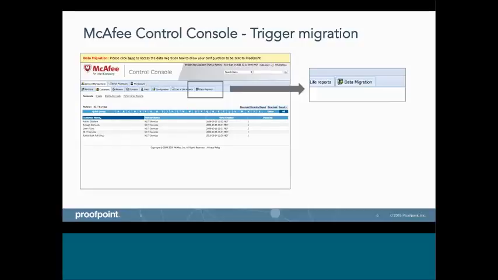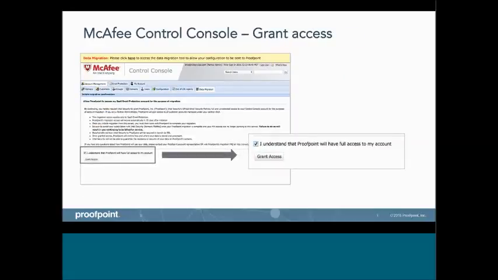You would log in and click on that tab, which takes you to a screen informing you of the access you are granting: by following this step, checking this box and clicking this button, you give Proofpoint 30-day access to McAfee to pull your information. At the end of that 30 days, the token expires, and if you weren't done, you'd have to go back in and reauthorize this access.